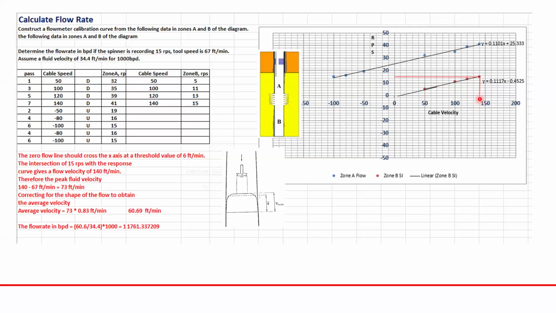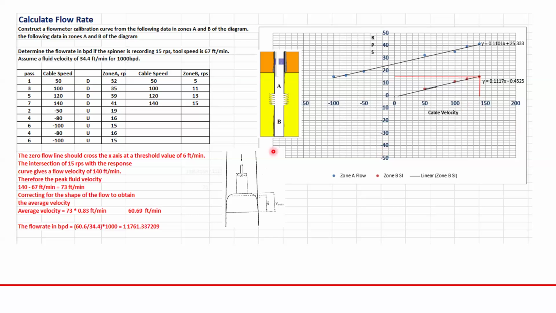This is the total speed due to the flow, due to cable speed, diameter and the viscosity, but it has 67 feet per minute for the tool itself.